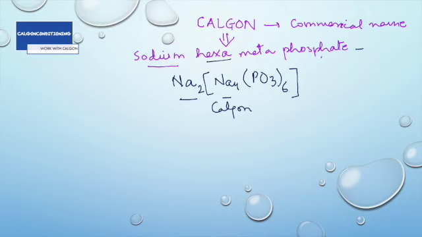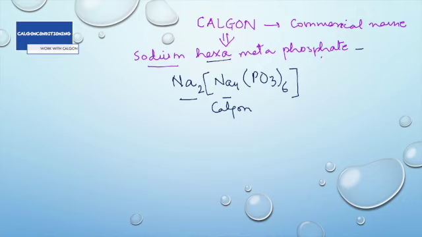Now this chemical is added to the boiler water to prevent scale formation. So how do we do that? Calgon converts the scale forming impurity into a soluble complex. Let's see how it works.